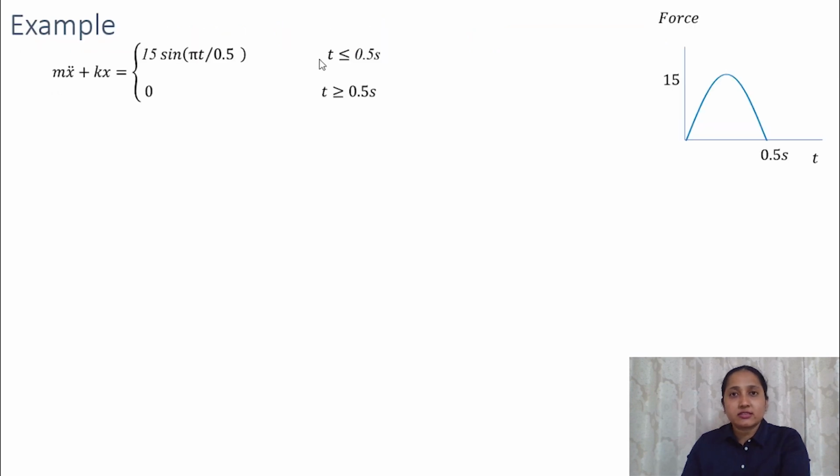Now let's solve an example problem using this numerical method. In this, we have an undamped system with some mass and k, and a half sine wave pulse force is acting on the system. The pulse force is given as 15 sine pi t by 0.5 when time is less than 0.5 seconds, and the force is 0 if the time is more than 0.5 seconds.